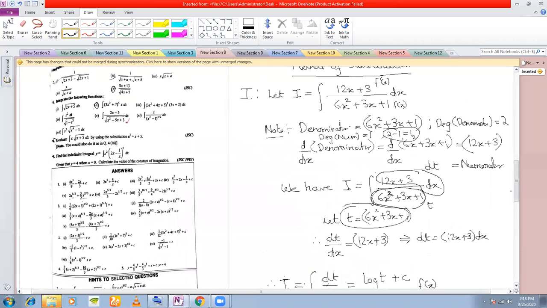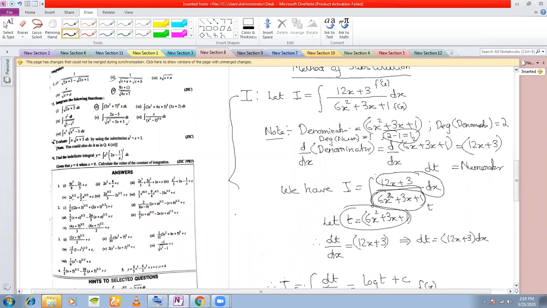Okay. So this method has to be very, very clear to you. Remember, I am saying again, whenever you see a fraction in the integration and the numerator is of lesser degree than the denominator and they differ by only 1, then you can apply this technique.